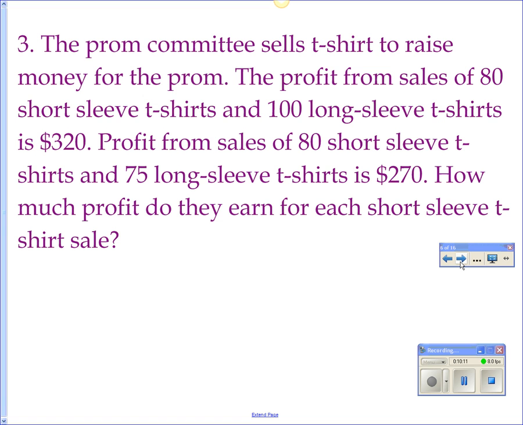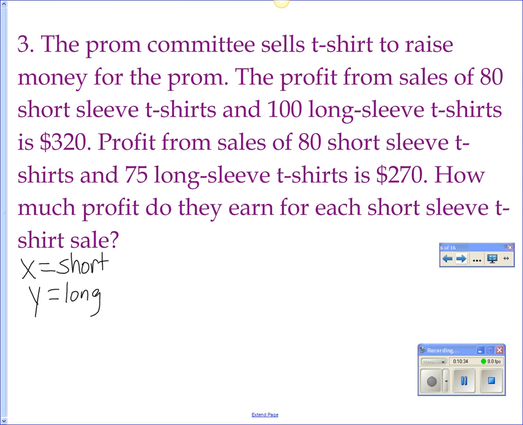Stephen R., what is X and Y going to be? What are the two things that we're selling? What are the two different kinds? And what's the other kind? Short. Okay, so I'm going to let X be short and Y be long since that's the order they put it in.